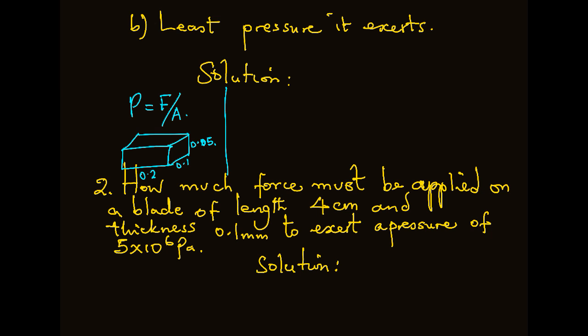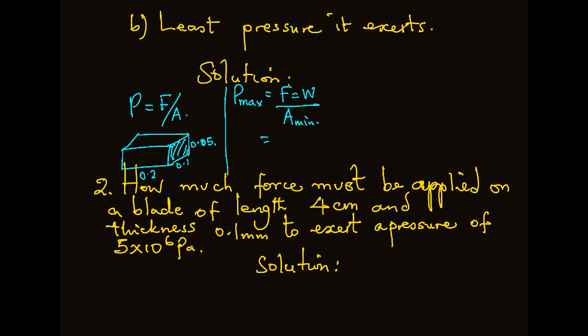For it to exert a maximum pressure, the area in contact with the surface must be minimum, so that we have P maximum equal to the force, which is equivalent to the weight of the box, divided by the minimum surface area. The minimum surface area is the area of the face with the least area.